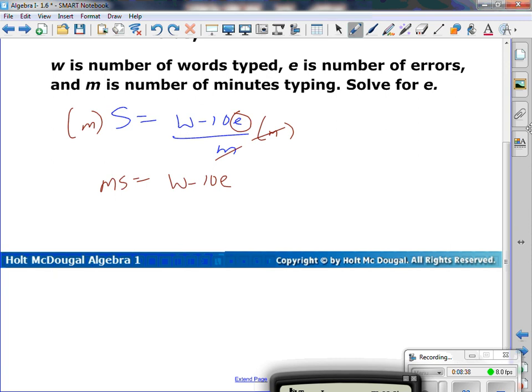Subtract w. ms minus w equals negative 10e. Why did I write ms minus w? I subtracted w and I can't do anything with the ms and the w, so it's just ms minus w.